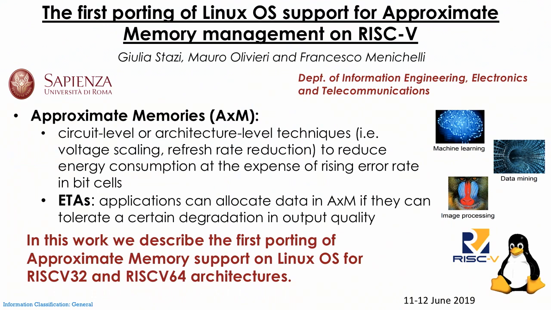Approximate memories are memories in which circuit level or architectural level techniques have been implemented in order to reduce energy consumption at the expense of rising error rate. They are supposed to be used by error-tolerant applications, which can allocate data in approximate memory if they can tolerate a degradation of output quality.